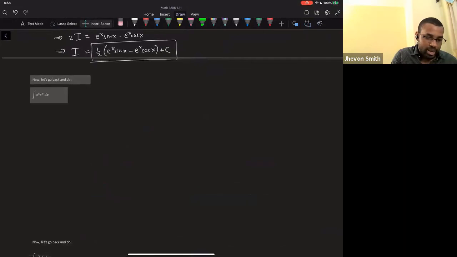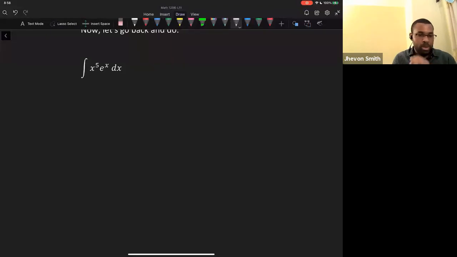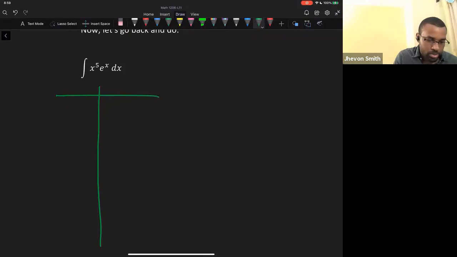Now, we can go back and do this guy, the x to the fifth e to the x, which seemed like it would be a horrible idea, but it's actually not so bad now that we are equipped with tabular integration. What I would do is just differentiate.